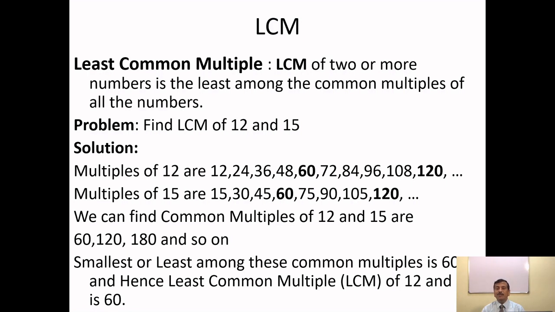Common multiples for 12 and 15 seem to be 60, 120, 180, 240 and so on. Among these common multiples, 60 happens to be the least. So LCM is least among common multiples of the numbers. This is the basic concept. Let's see further.